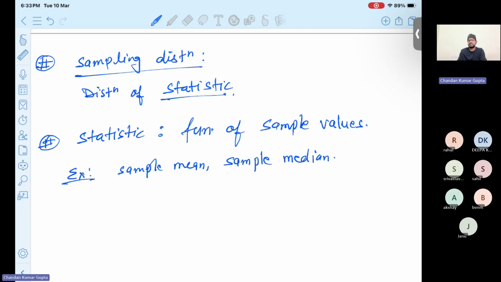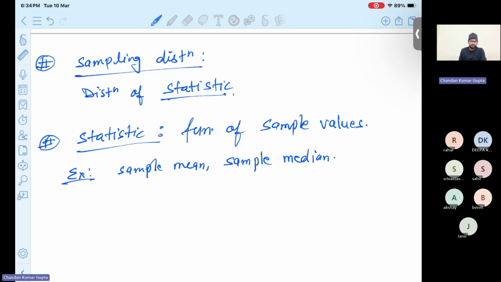Anything that can be constructed as a functional form of the sample values is a statistic, not statistics; statistics is the subject. The distribution of those statistics is then called the sampling distribution.